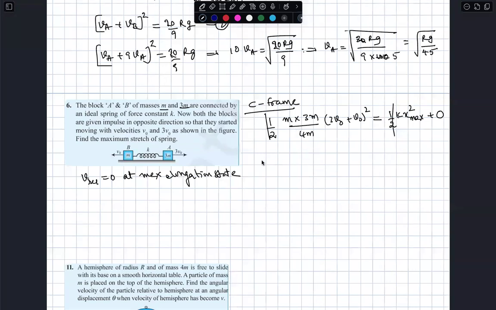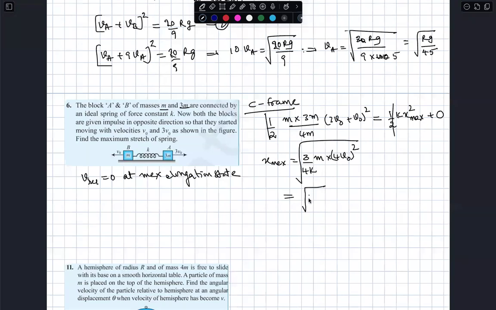Cancel this. The x max is nothing but under root 3 by 4k m times 4v0 square. So you can write this as, the 4 will get cancelled, still 4 will be remaining.